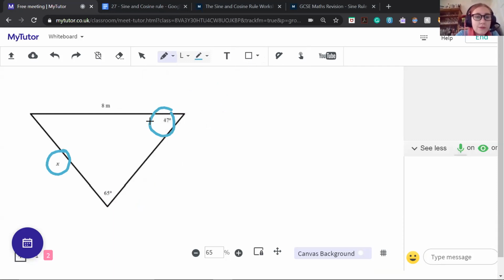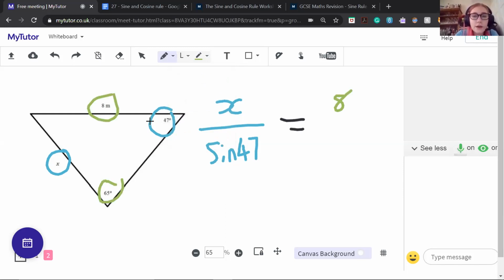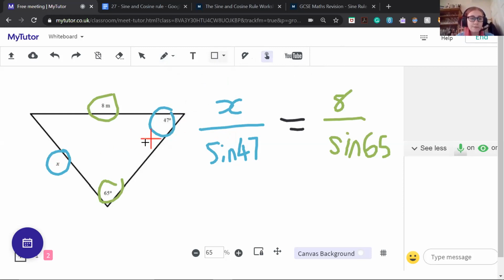Because we're looking for a side, I'm going to use that one. So x over sine 47 is equal to, this and this are a pair, so 8 over sine 65. Hopefully that makes sense where I got that from. Hopefully this color coding works, so you can see that this is a side-angle pair and this is a side-angle pair. And that's what we're going to use for that.